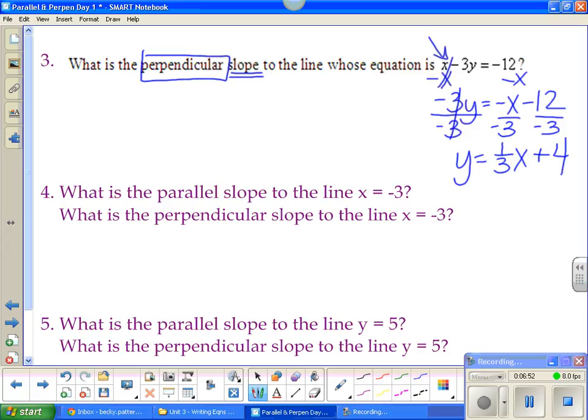So if its slope is 1/3, and I want the slope that's perpendicular to that, the perpendicular slope would be, change the sign and flip it, -3.